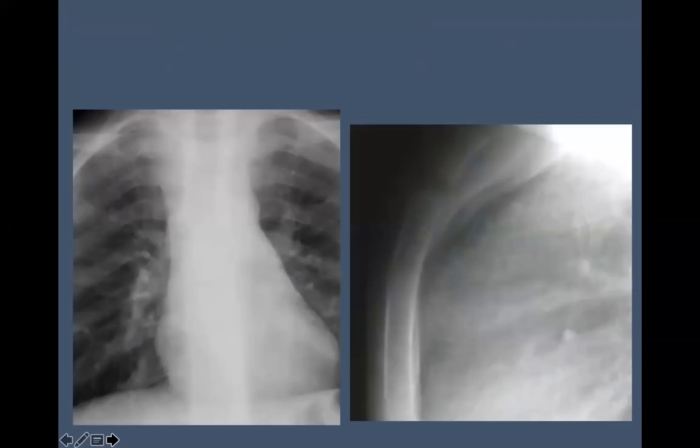So it can also involve bones that you don't really expect to see osteomyelitis in very often. This was a chest x-ray that was done in a patient with suspected TB.